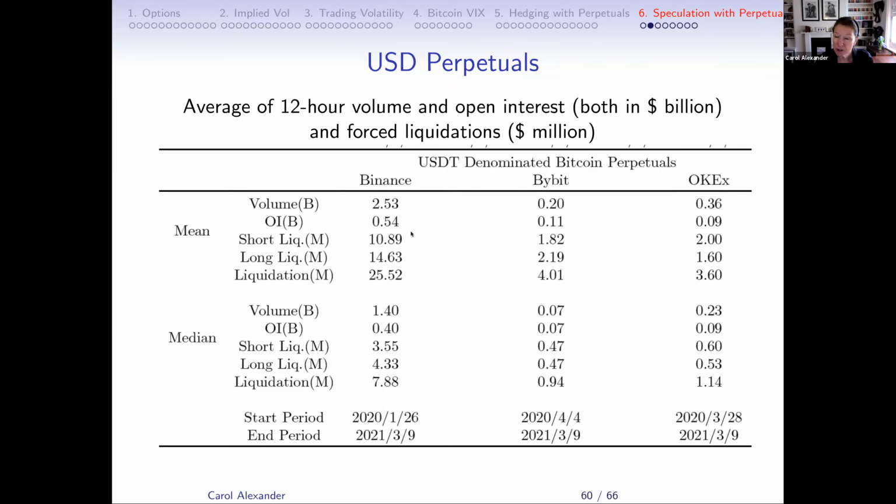It's obviously a much more speculative instrument, and we can measure speculation. In fact, I found a paper recently which used just the ratio of open interest to volume as a speculative index.